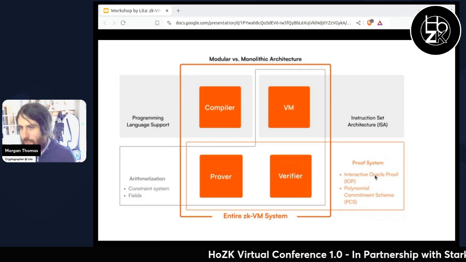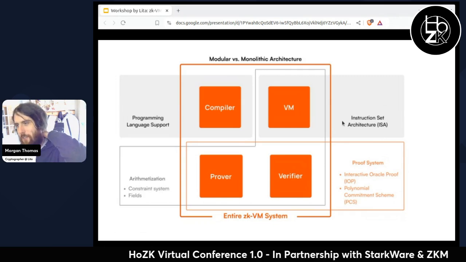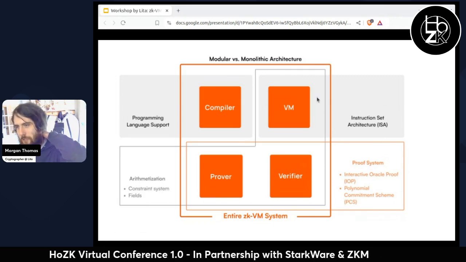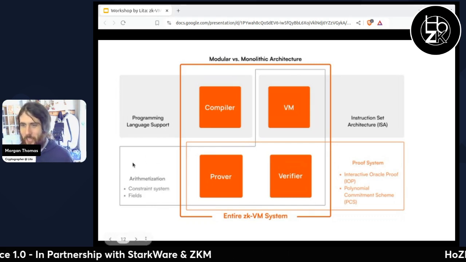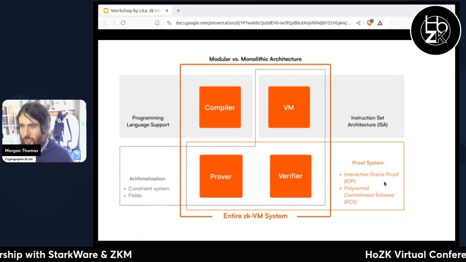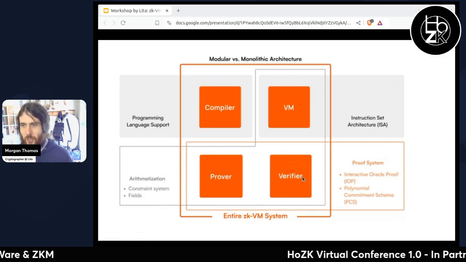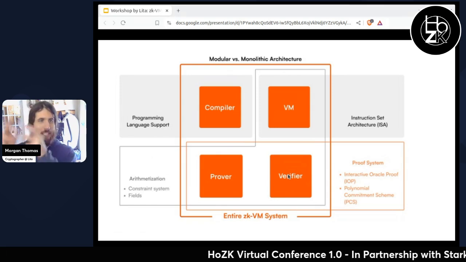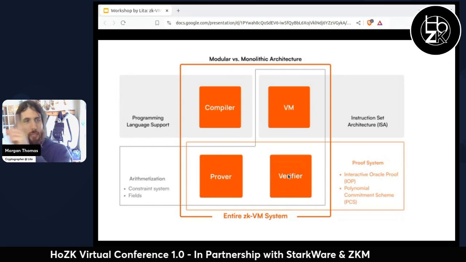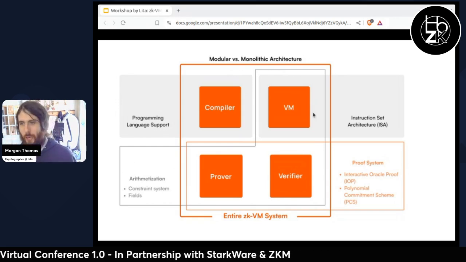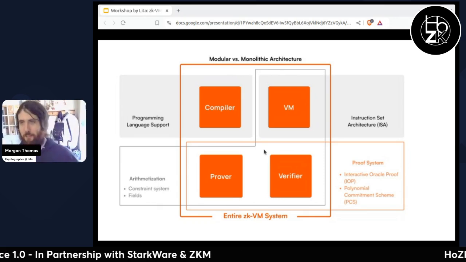And also, the design of the instruction set architecture for this VM is going to depend on the choice of proof system and arithmetization. And so ultimately, all of these things have interacting considerations. A choice in one of these squares affects potentially all of the others.